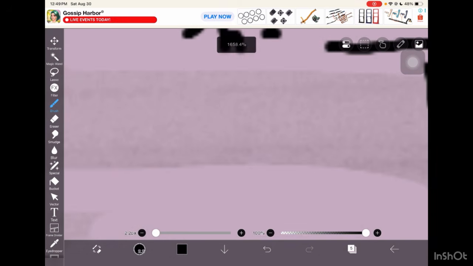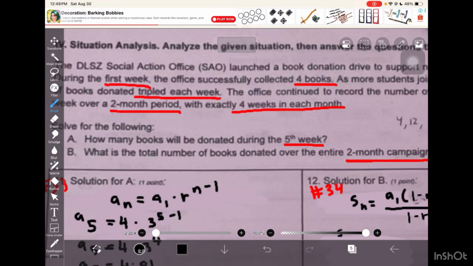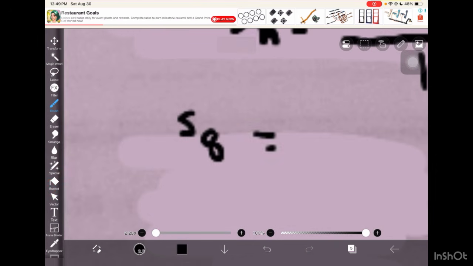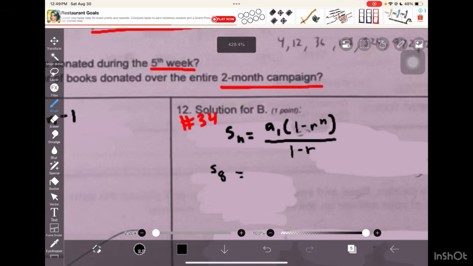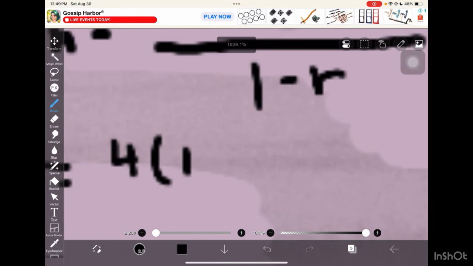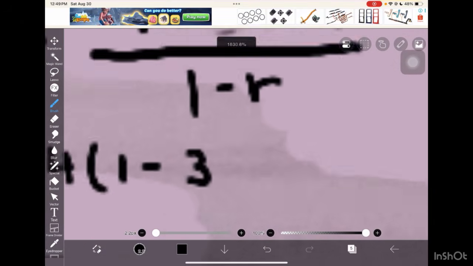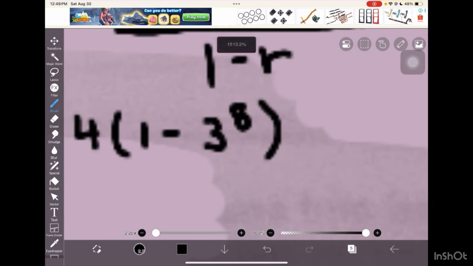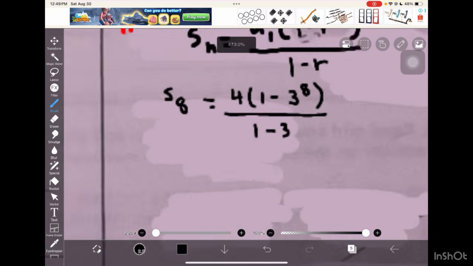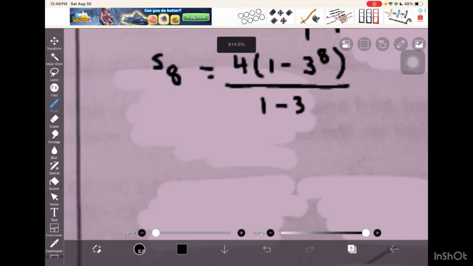So S of n, so we need to find n first. So we have a 2-month period and 4 weeks in each month. 2 times 4 is 8. So 8 weeks. So our A sub 1 is equal to 4 as previously mentioned. Then we have 1 minus R, which is 3 previously mentioned, raised to 8 over 1 minus 3. Let's simplify. 3 raised to 8, that's equal to 6561.